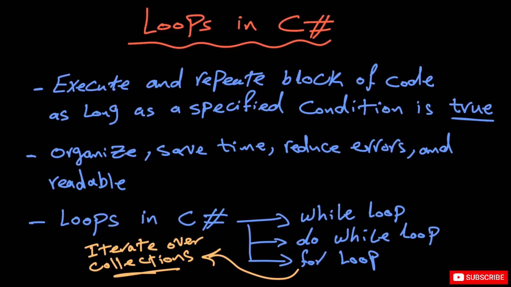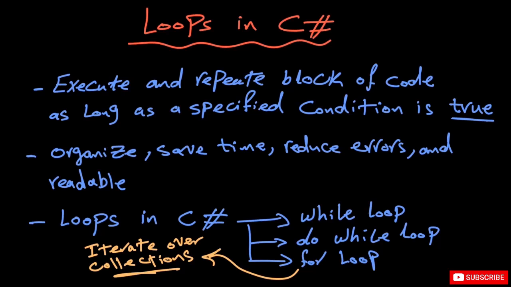The third type of loops is called the for loop, and this is one of the most popular types of loops. To create a for loop in the C# programming language, we use the for keyword, and the body of that loop also is inside curly braces. And also this type of loops is used to execute and repeat a block of code based on a test expression or condition as long as the condition is true.